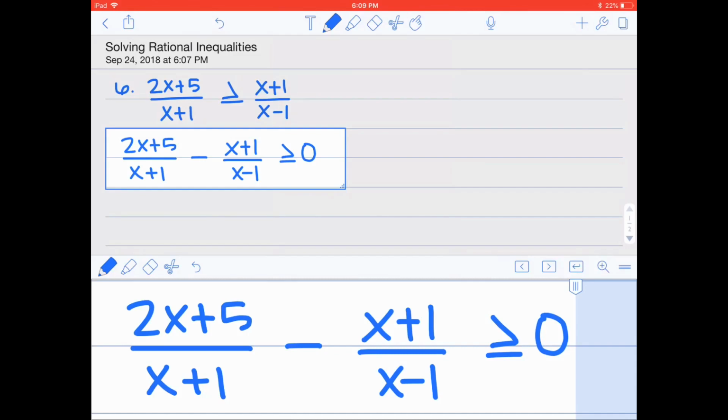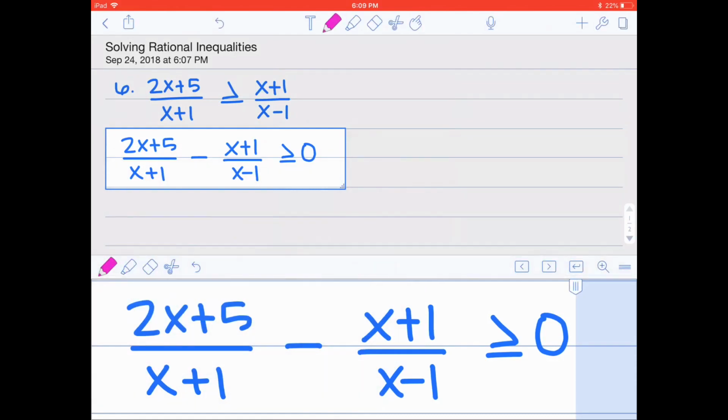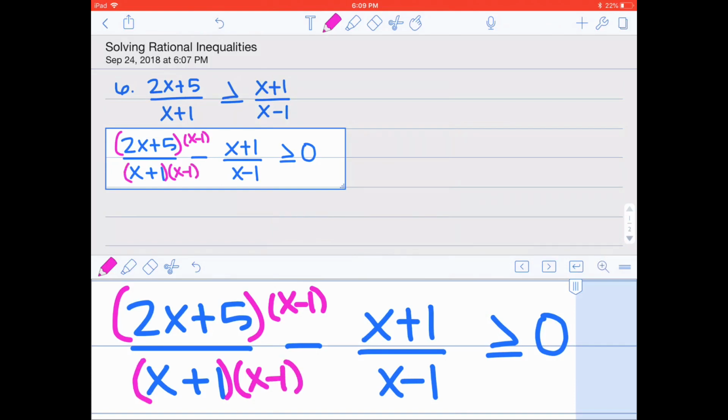So at this point, I need to get a common denominator between the two fractions. One fraction has x plus 1 as the denominator, the other has x minus 1. So I'm going to take the first fraction and multiply by x minus 1 on the top and the bottom. And for the second fraction, I'm going to multiply the top and the bottom by x plus 1.